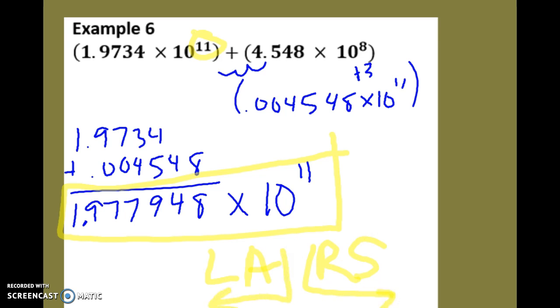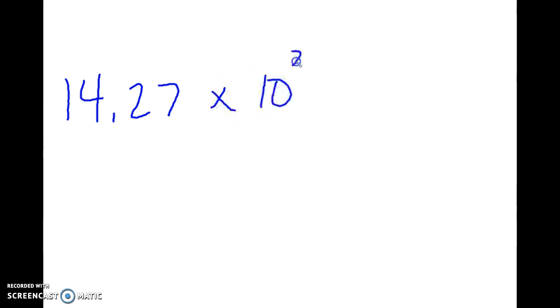So what I mean by that is, what if I follow the entire process and I'm left with something like 14.27 times 10 to the third? I picked the larger of the two exponents, but when I added my two first factors together, this is what I got. So we can identify that this is not in scientific notation. So we have to put it in scientific notation. We have to move that decimal one spot to the left.